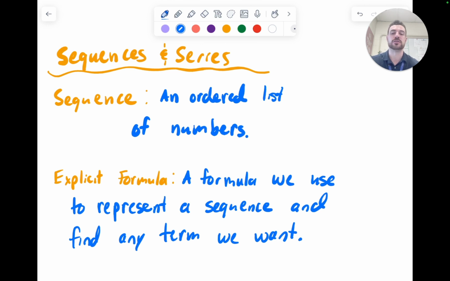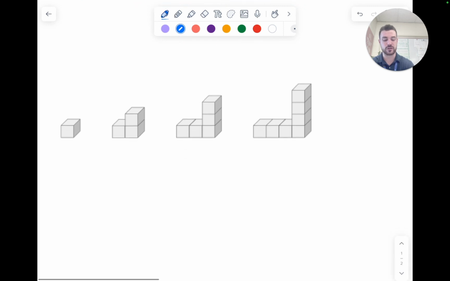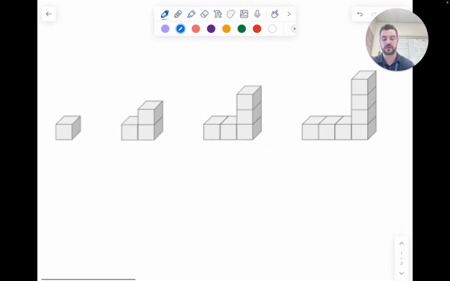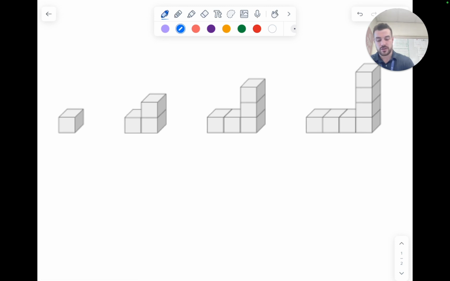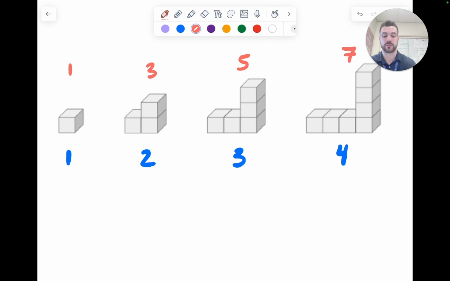In this unit, vocabulary and notation is really important, so make sure that we are using the proper vocabulary when possible and our notation is correct. So this is a visual representation of our first sequence. We've got our first image, our second, our third, and our fourth. In here you can see we've got 1 block, 3 blocks, 5 blocks, and 7 blocks.